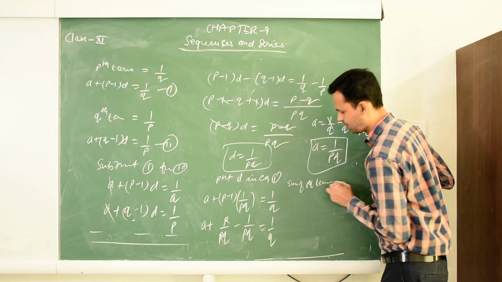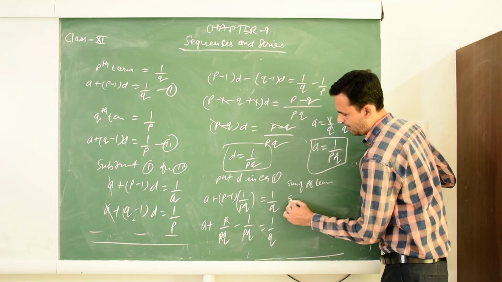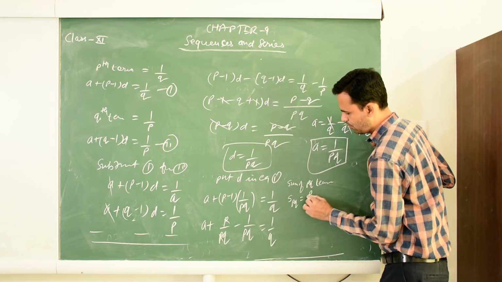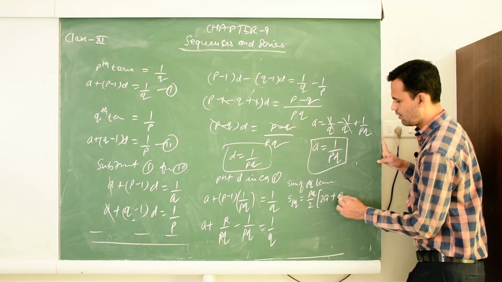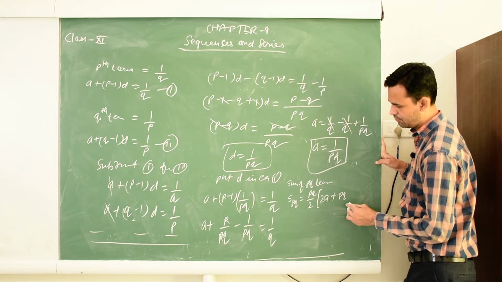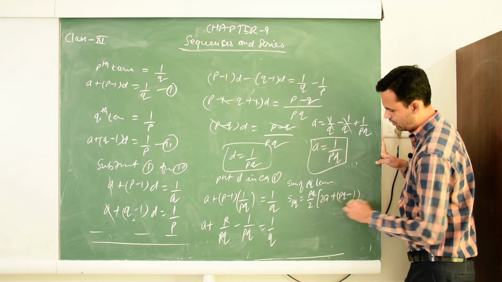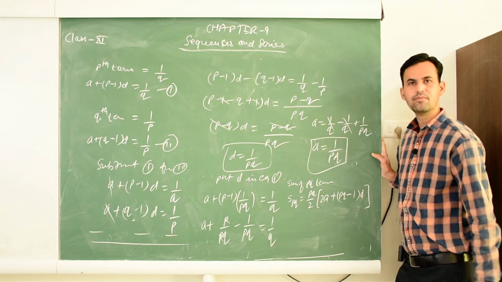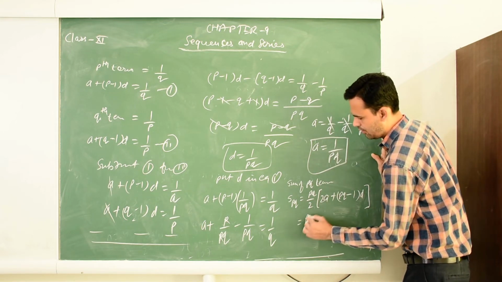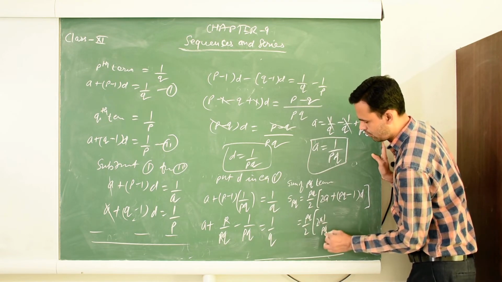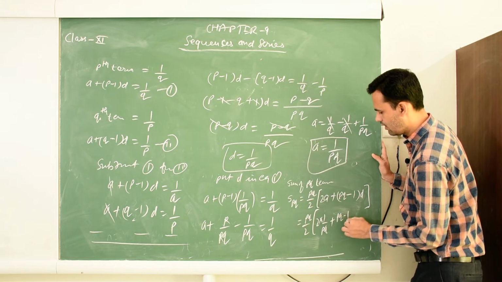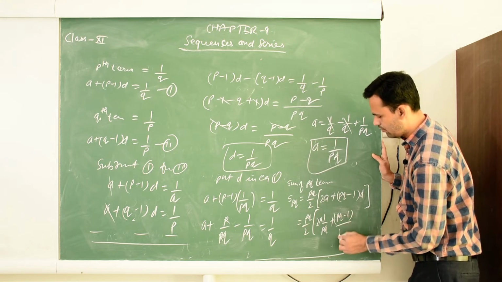Now we have to find the sum of pq terms. So Spq equals pq by 2 into (2a plus (pq minus 1) into d). So pq by 2 into (2 upon pq plus (pq minus 1) into 1 upon pq).